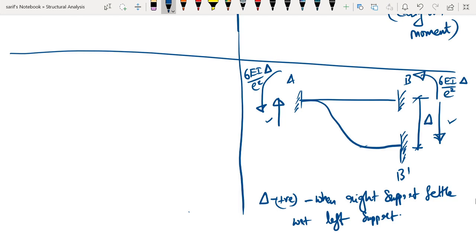Therefore, for equilibrium, the moment should form an anti-clockwise moment. So we calculated the moment, and the magnitude is 6 EI by L square into delta. We have to take it for granted. The derivation is available, or you can do the derivation using the moment area theorem. Okay. Now, having understood these, let us try to do the derivation for the slope deflection equation.